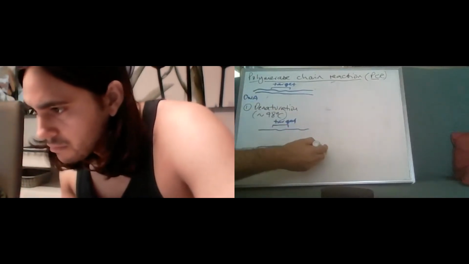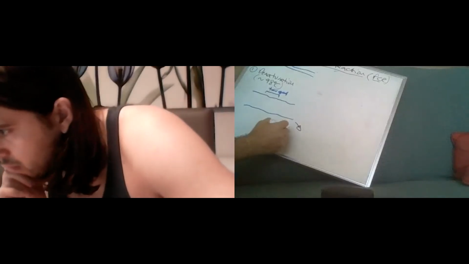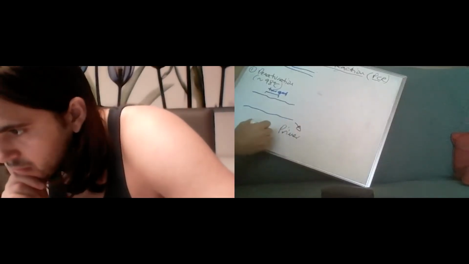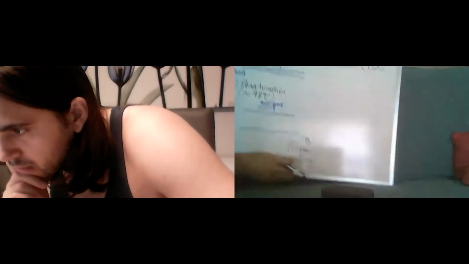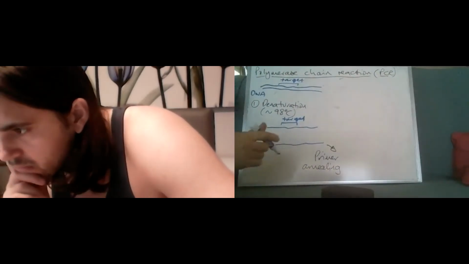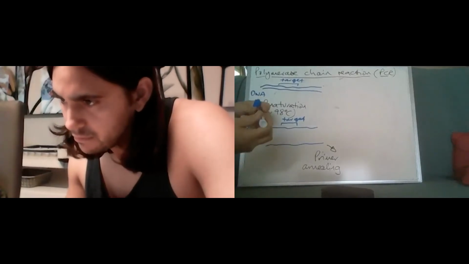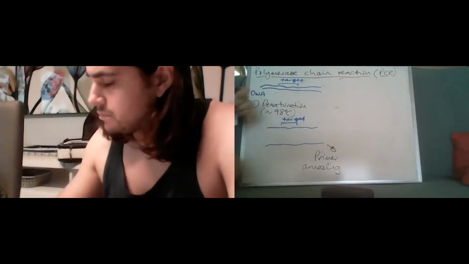Then we have primer annealing. And annealing means different things depending on whether you're working with metal or DNA. But in the case of DNA, what that means is we want our primers to stick.